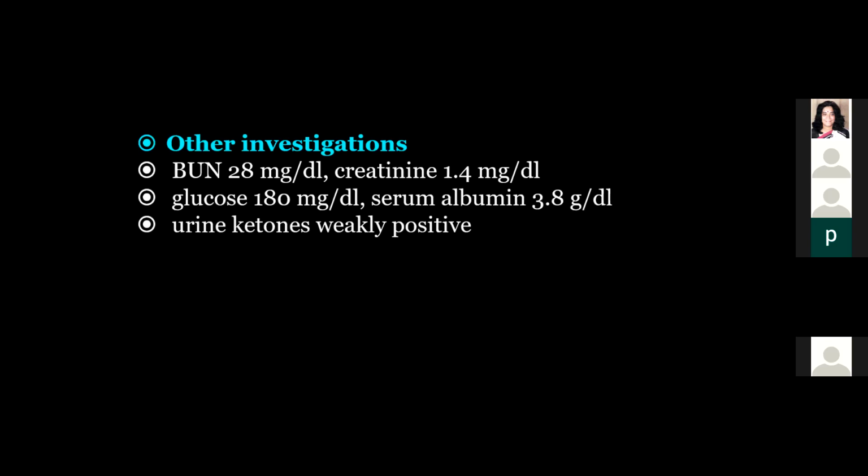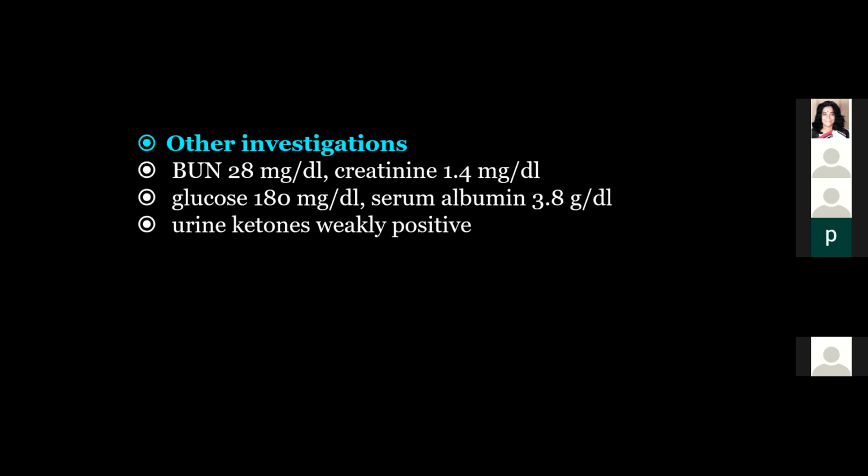We probably don't have a real DKA. Starvation in such a big child? He didn't look like a starved kid. He was a 16-year-old, otherwise healthy boy. IEM, it's too late for an IEM to begin. So although there are ketones, none of these seem to be clearly fitting in. So you need to clearly think about toxins in such a case.